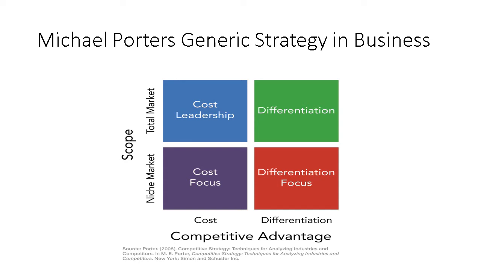Michael Porter is a professor and a management guru in the field of competitive strategy, and he is the department head of Harvard Business School.